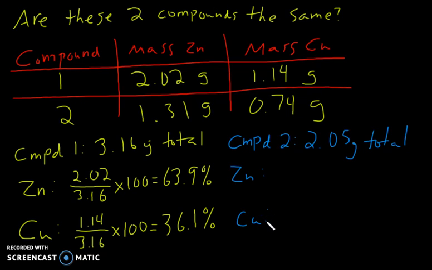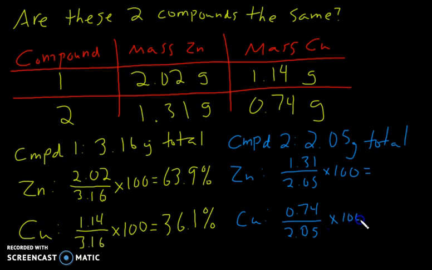So for zinc, we have a mass of 1.31 and a total mass of 2.05 times 100. And for copper, we have 0.74 grams divided by 2.05 grams. And we times that by 100. That'll give us our percent compositions for compound 2.